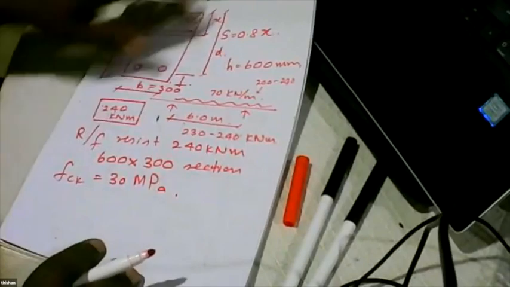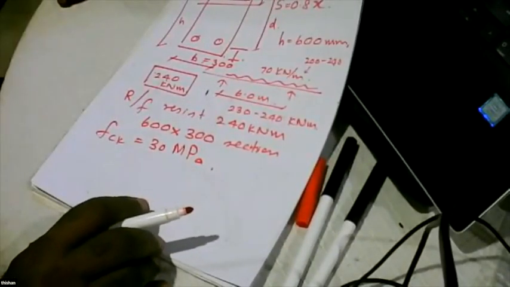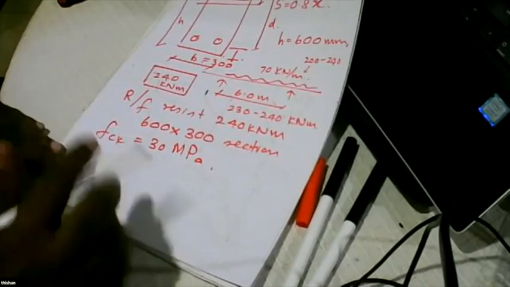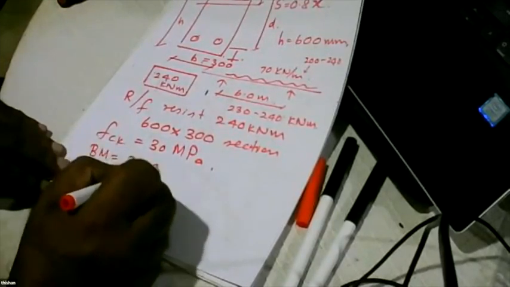That means we are going to use 30 megapascal concrete for this 600 by 300 section, and we have to find the amount of reinforcement needed to carry a bending moment of 240 kilonewton meters.